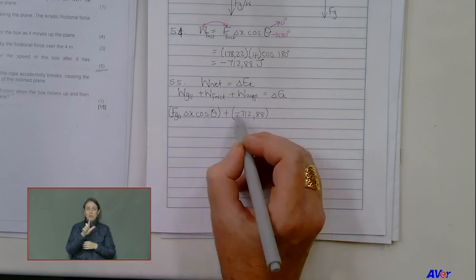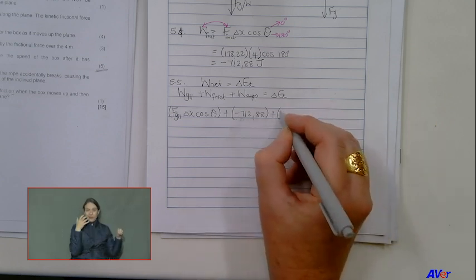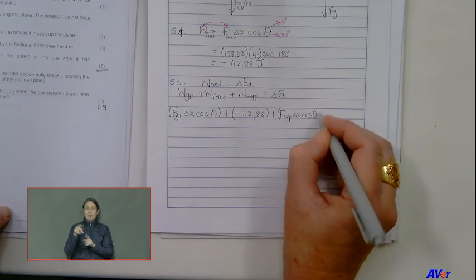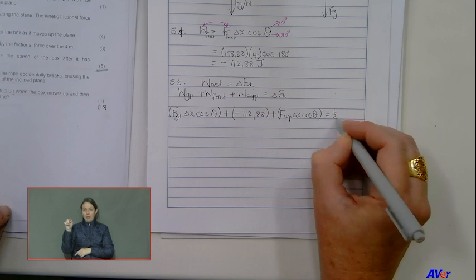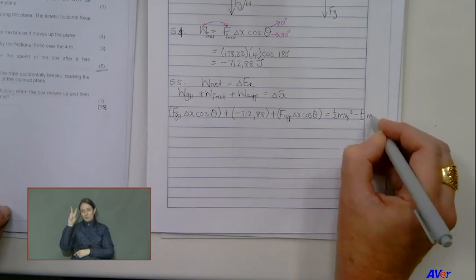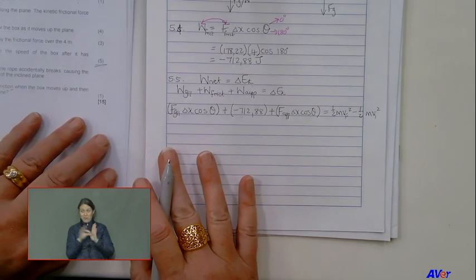It's a minus because that energy is not available in my system anymore. W applied: F applied delta X cos theta, and that equals half m v final squared minus half m v initial squared. Sure, that's a very long formula, but that's the formula I'm going to use.